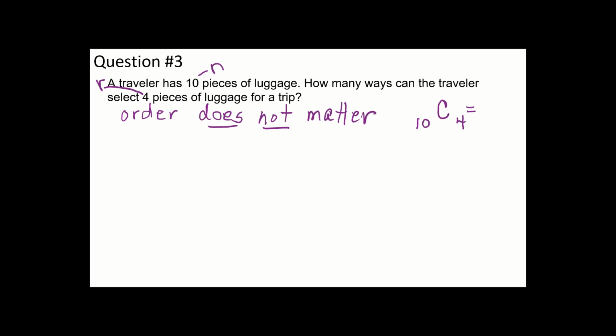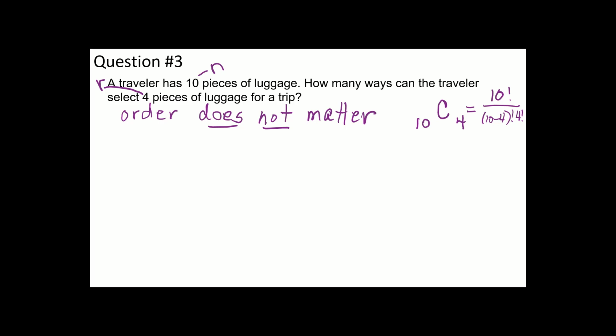It's going to be very similar to our permutation formula. It's written as N factorial over N minus R factorial, so our N in this problem is 10, and we subtract 4 from 10. That's just like a permutation, but for a combination, we're going to add that R factorial.